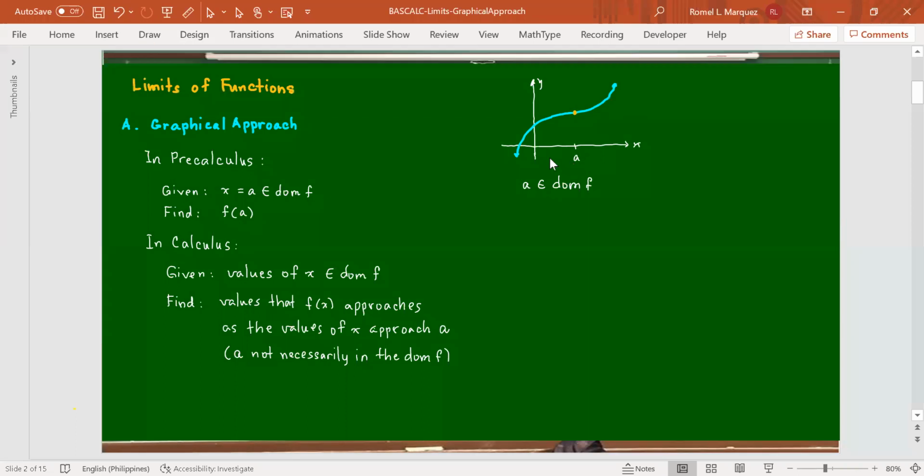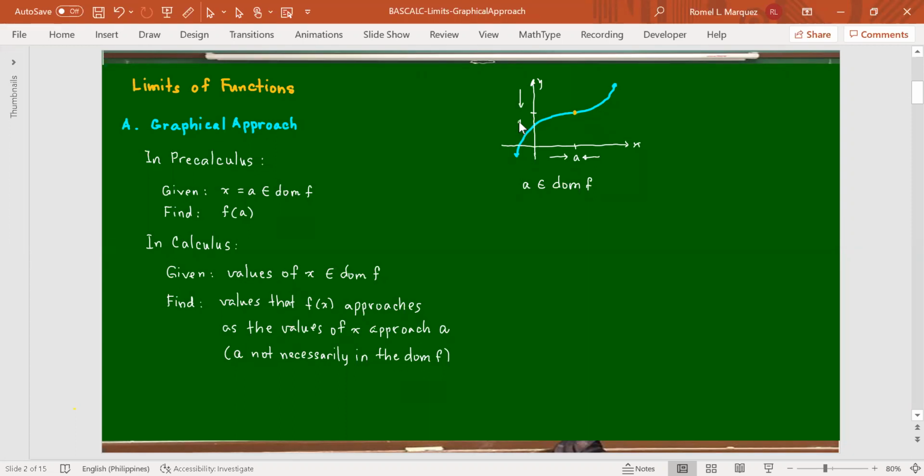As x approaches a from the left and from the right, meaning as I travel along the curve from the left of this point towards this point, and also from the right, we want to know where the values of f of x approach or tend to go.